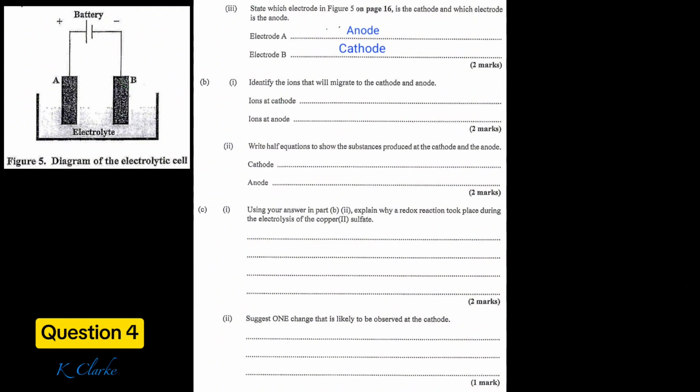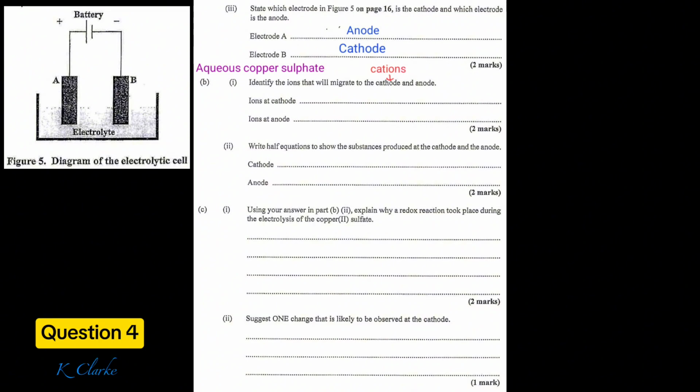B. Part 1. Identify the ions that will migrate to the cathode and anode. The solution is aqueous copper 2 sulfate. Cations having a positive charge move towards the cathode.